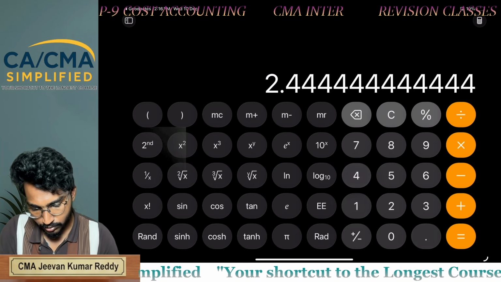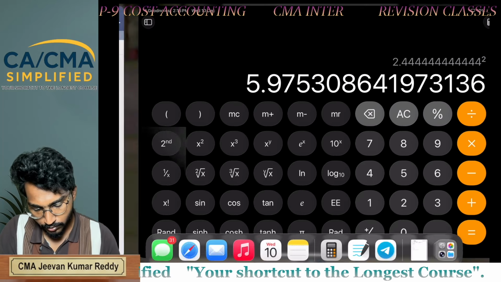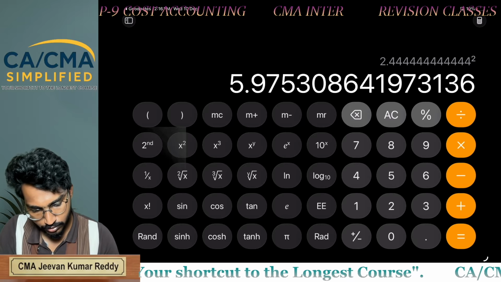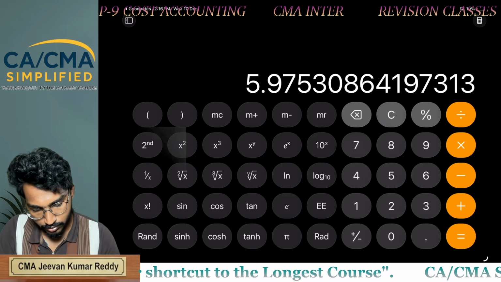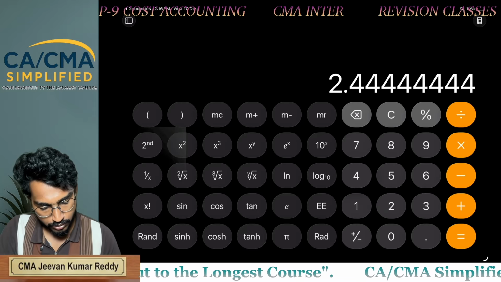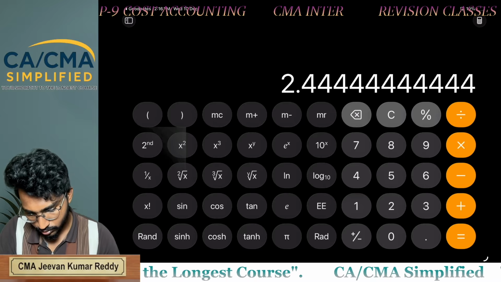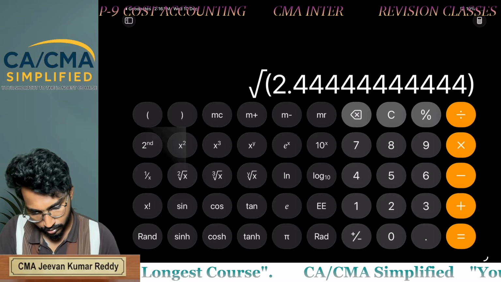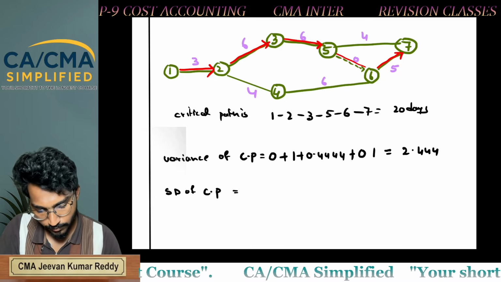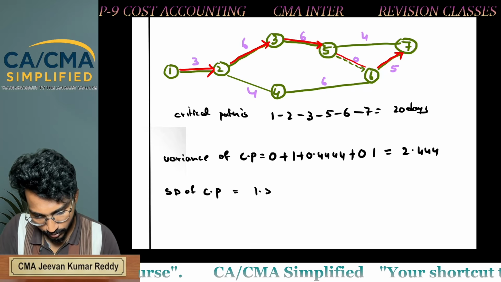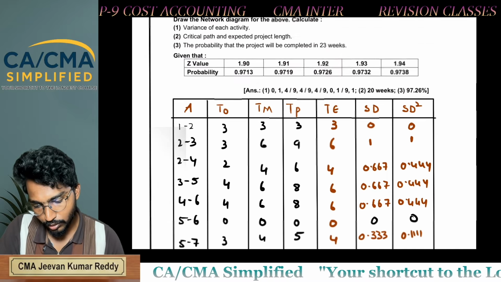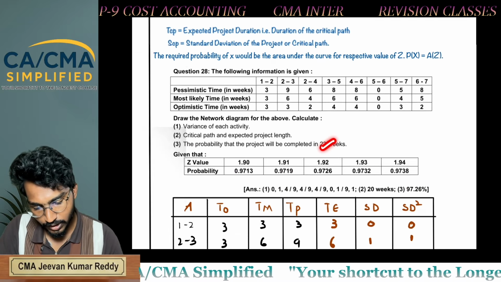Now the SD of the CP is the square root of 2.4444, which is 1.5634. Now for how many days do they want? 23 days.